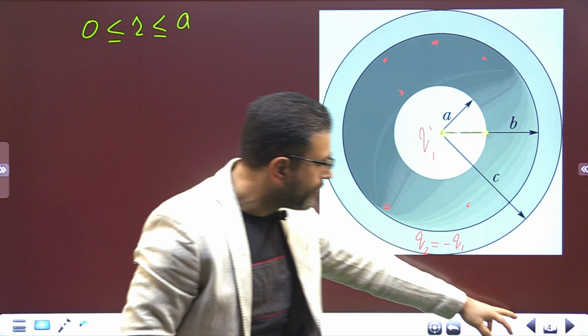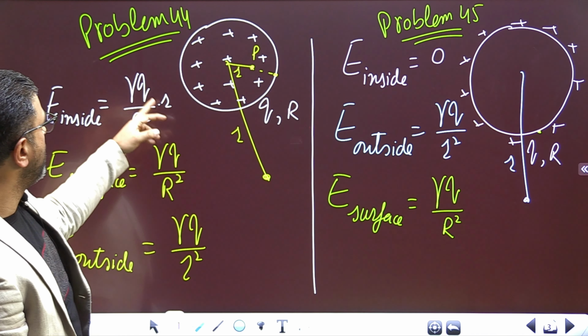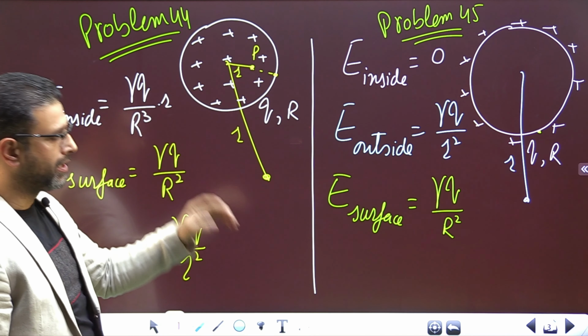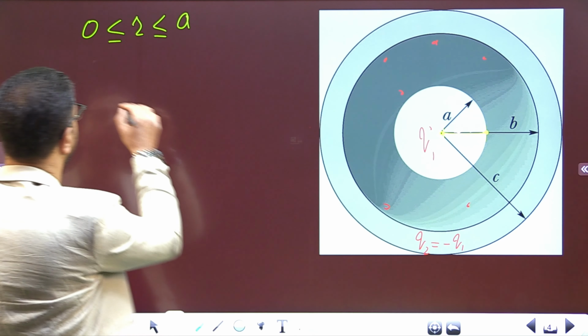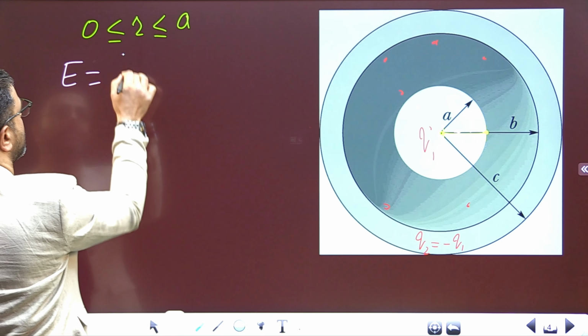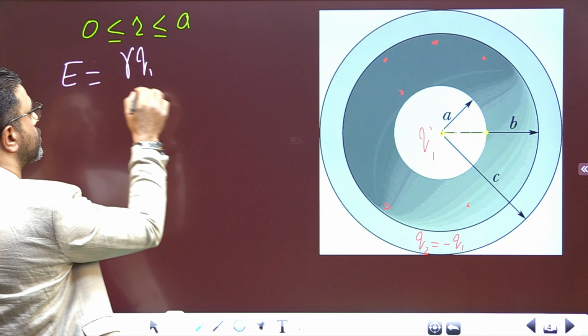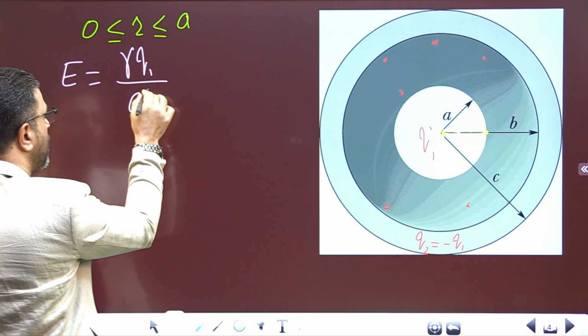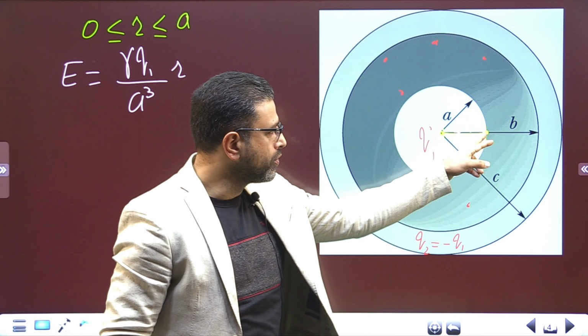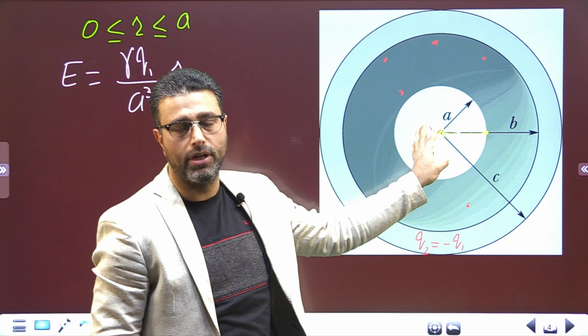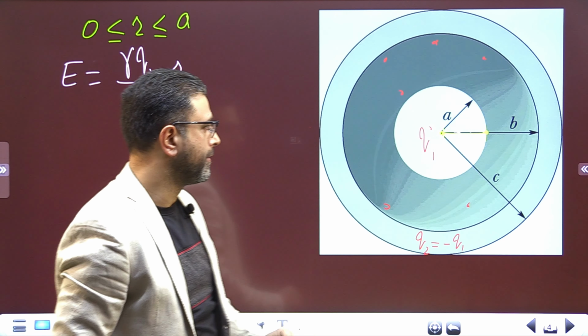The field due to this one we already know is gamma q divided by capital R cubed into little r. Instead of capital R we have a, the radius. So the field is gamma q1 divided by a cubed into little r. This is the field from the center to the surface of this sphere.